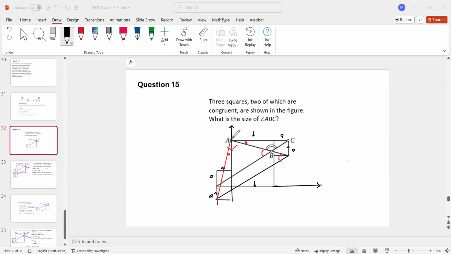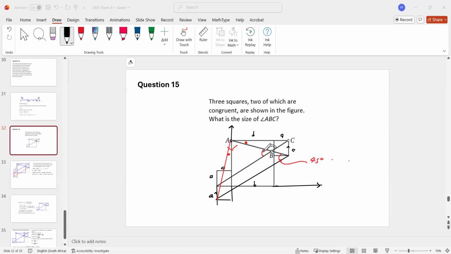And not only that, this side here is equal to the red side that I've drawn because those two triangles are congruent. So now you have this large triangle here. The sides are equal and the angle in between is 90 degrees. So it's an isosceles right triangle, which means that this is 45 degrees.